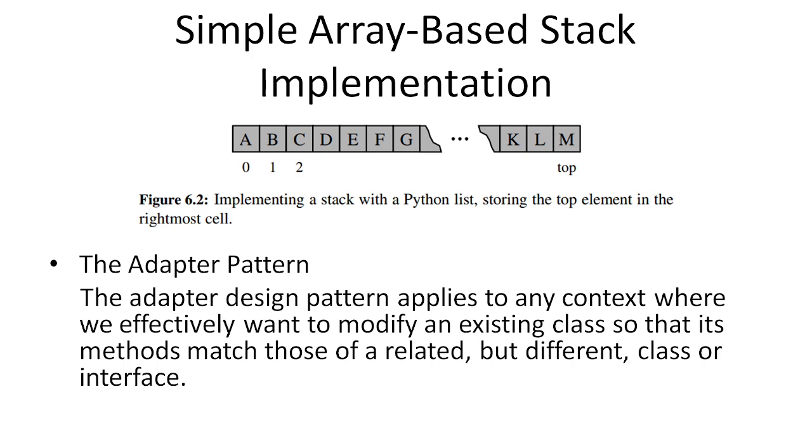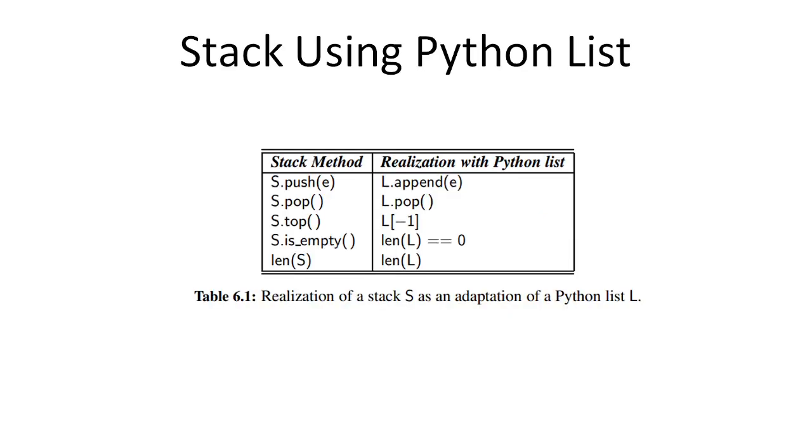We just have to make some changes in the interfaces or the methods. Usually the stack will be represented in Python by using a list, because list is a data type present in Python, where we have similar methods to those we perform on a stack.